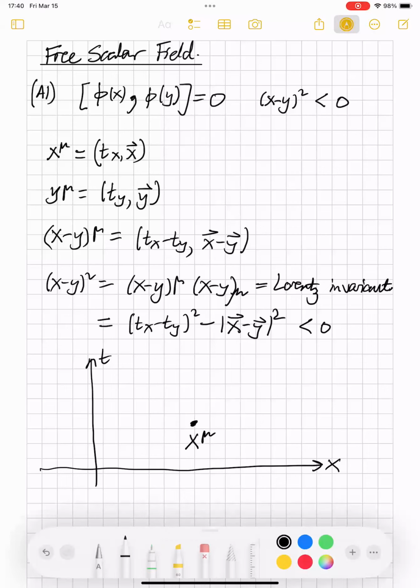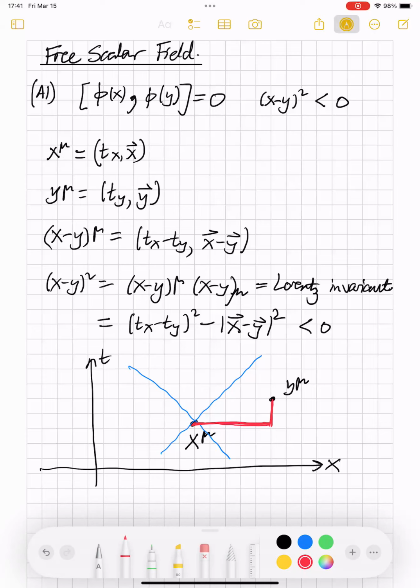So let me draw in the light cone now. There is the light cone of x^μ. To get a point which is space-like separated from x^μ, I need to pick a point where the spatial separation between the 2 points is greater than the temporal separation. But that means that y^μ will lie outside of x^μ's light cone.